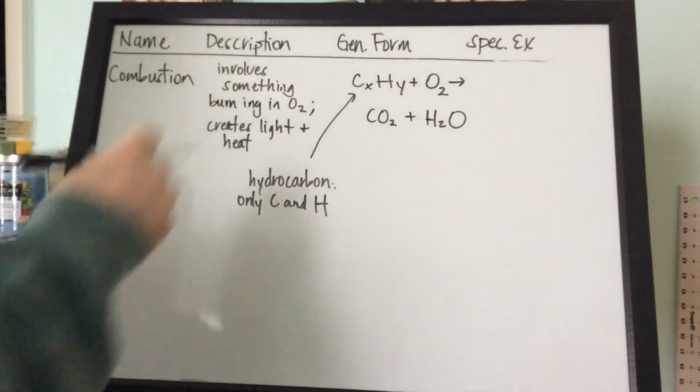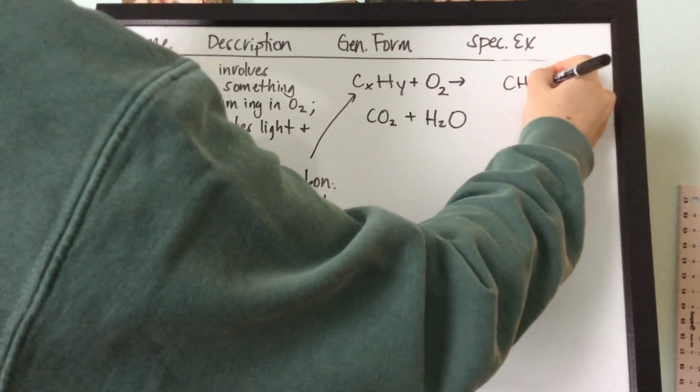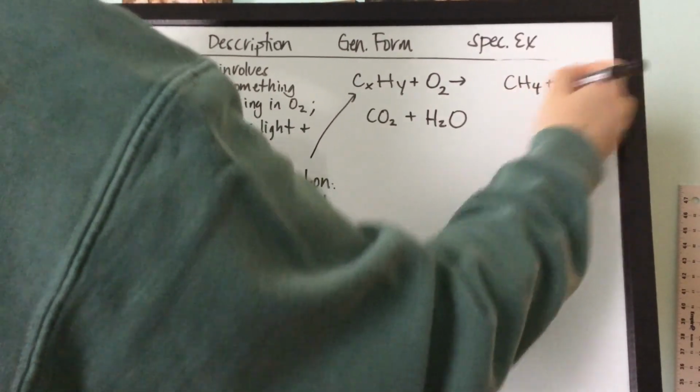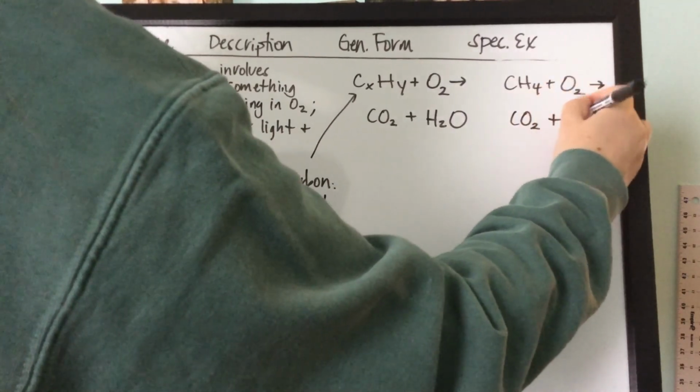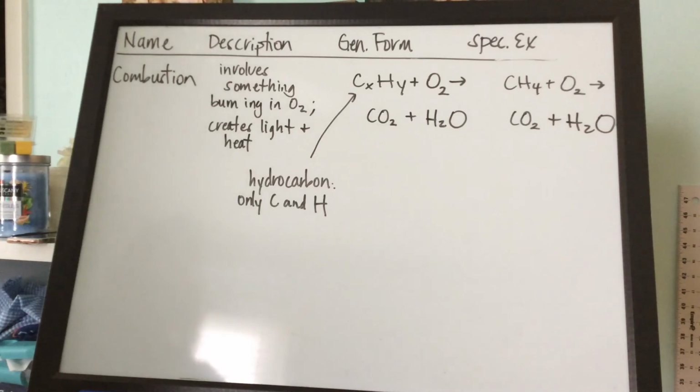So a specific example is going to look very similar to this. It might be CH4, that's methane gas, CH4 plus oxygen making CO2 and H2O. Okay, so that's a combustion reaction. It doesn't always have to be a hydrocarbon. Sometimes it's a compound that contains carbon, hydrogen, and oxygen, but a lot of the times it's a hydrocarbon.